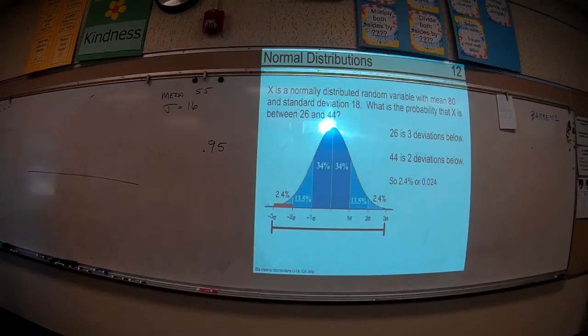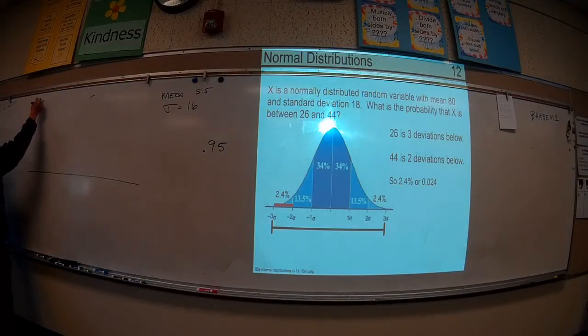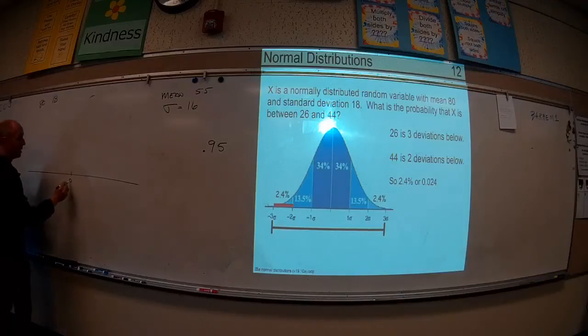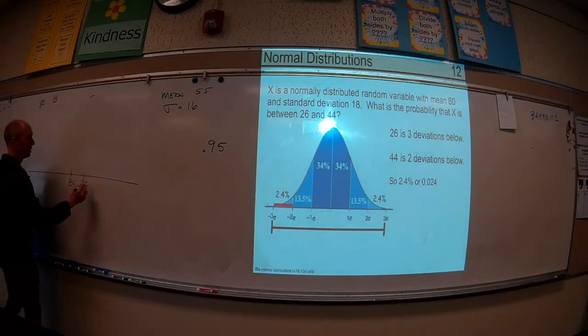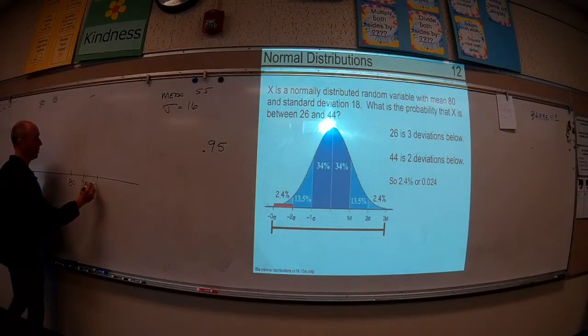Do we have to have the standard deviation? What you need to make this work is the mean and the standard deviation. So what is my mean here? 80. And what's my standard deviation? 18. So I can do it like this: 80. Now what comes up next? 98. And next? 116.